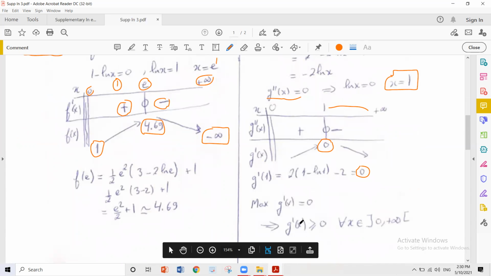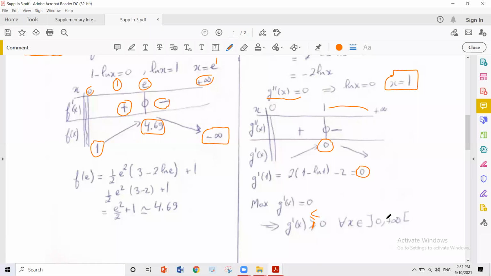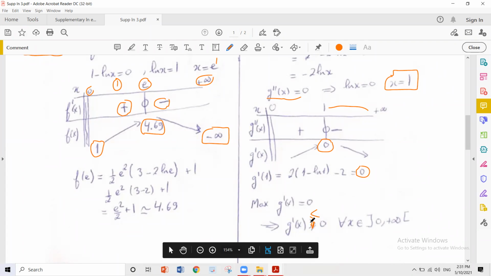It means that g prime x is not greater, it is less than or equal to 0 for all x belonging to 0 plus infinity. This is negative.